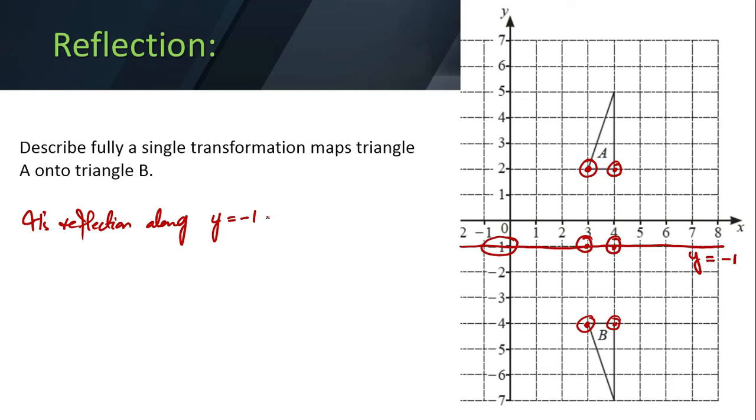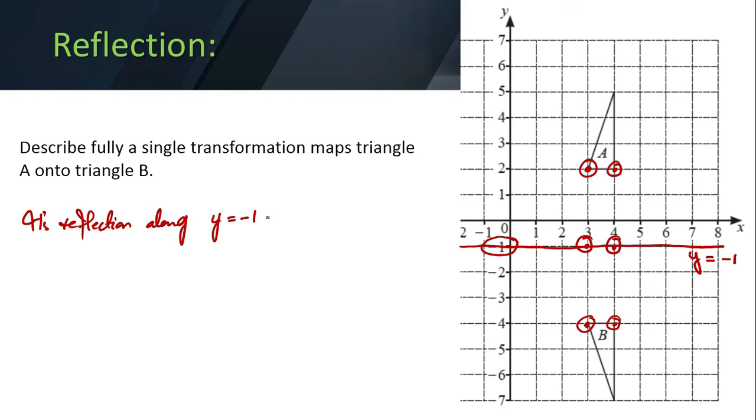Remember one thing, that if you just write reflection, the examiner will not give you marks. You should mention what the line of reflection is. So when you write reflection along the y-axis, along the x-axis, along y is equal to negative 1, or any line, whatever the line is, you will write the equation of that line.